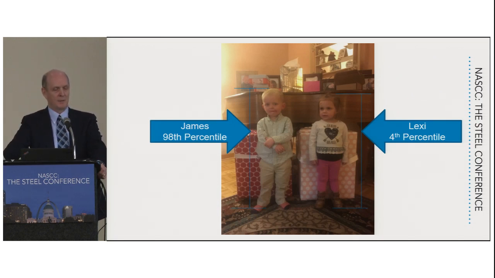So if James goes out into public and looked at every 2-year-old that he could find, would he find very many 2-year-olds that would be taller than him? Not very likely. Lexi, on the other hand, almost every girl her age is taller than her, because she is way at the low end of that percentile scale.